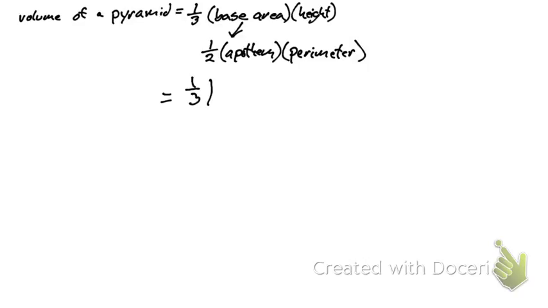Maybe I should put these in brackets. 1/2 our apothem, but they gave us our apothem, right? They said our apothem is 4.7 centimeters. So we're going to 1/2 times 4.7 centimeters. That's my apothem. And then our perimeter, well, we have sides of 13 centimeters. 13 centimeters is not my perimeter. I have to do 13 times 5 because I have 5 sides, right? So that's going to come out to 65.